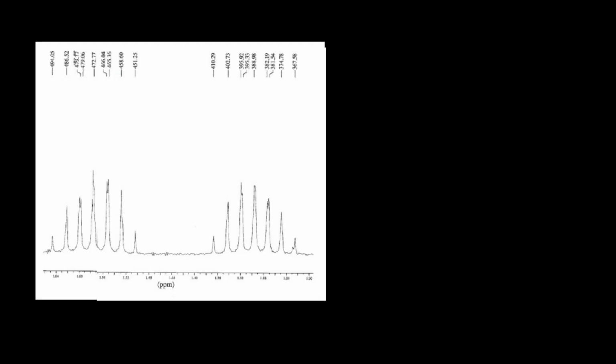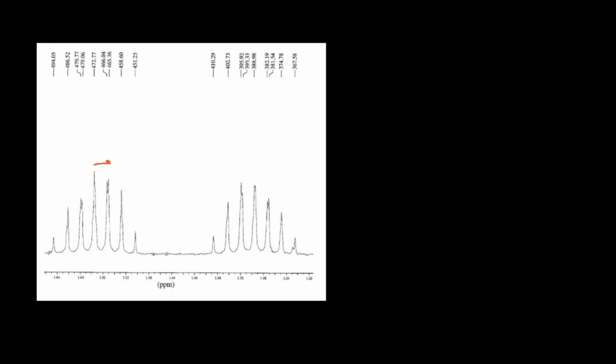So if I calculate the coupling constant between these two peaks, this value is 472.77, and this particular value is 465.36. If you subtract this, then you will get 7.41.